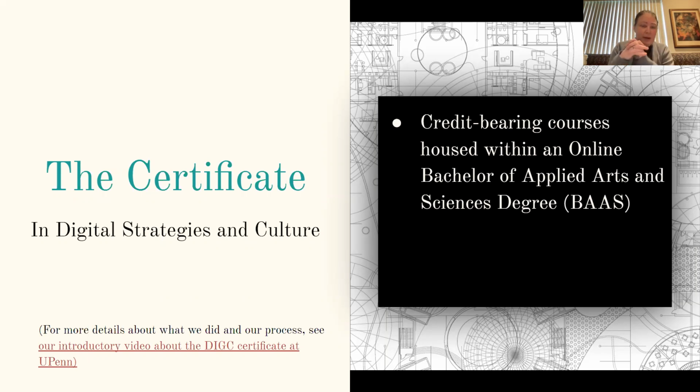So our certificate is made up of credit-bearing courses housed within an online Bachelor of Applied Arts and Sciences degree, which we call the BAAS for short. The applied portion is key here, as this is what organizes much of our focus on real-world examples that students might use outside our courses. Speaking of these students, the degree and the certificate are geared towards non-traditional learners who are older than a traditional student on average.